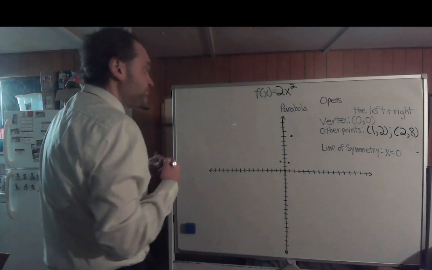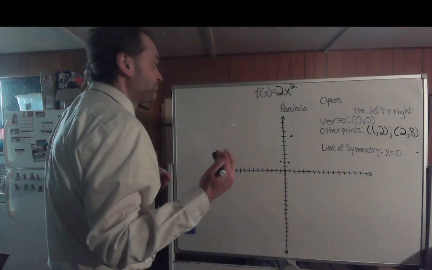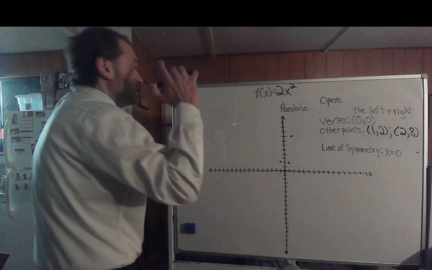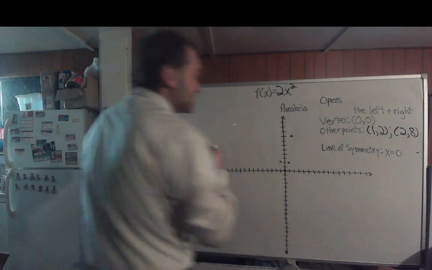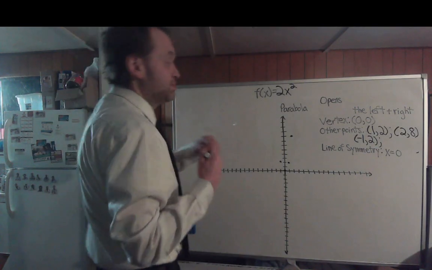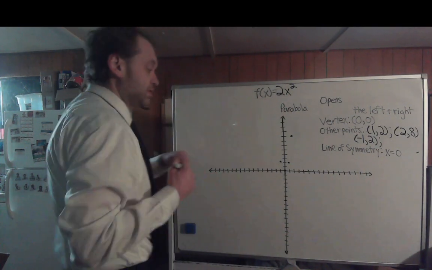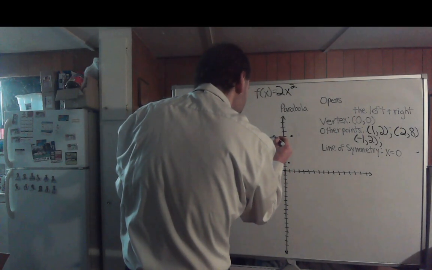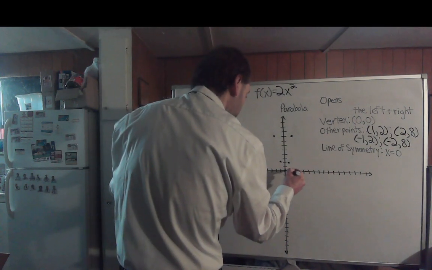So you get -1, 2. And then, if I take -2 for x, -2 to the second gives me 4, then take that times 2 on the front of it, that would give me also 8. So you would end up getting the point -2, 8. So let's see what this does to your graph here.